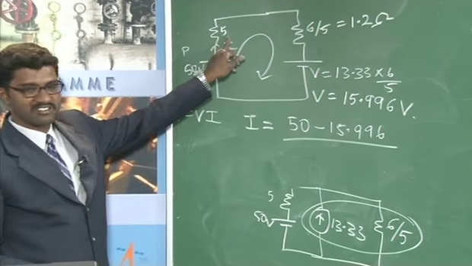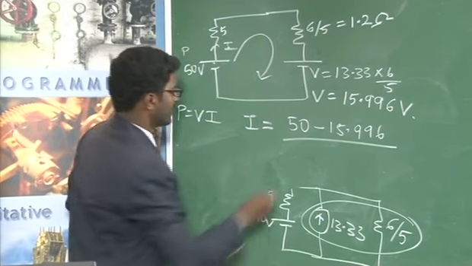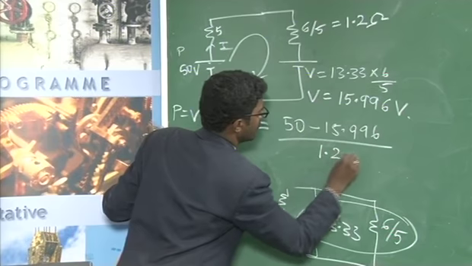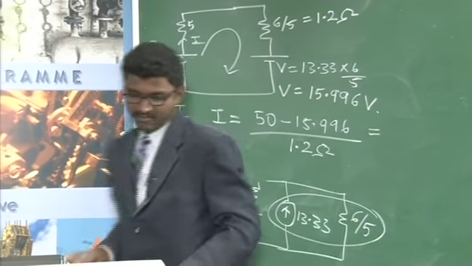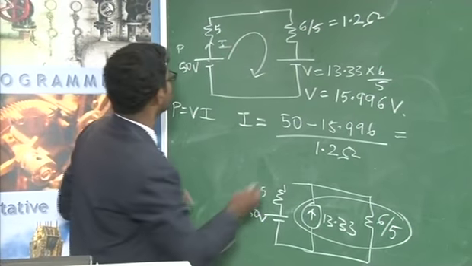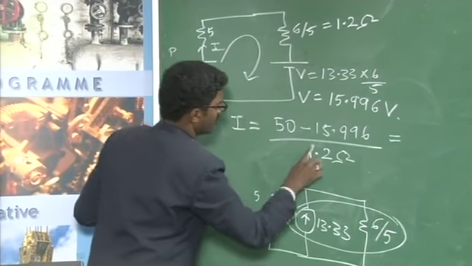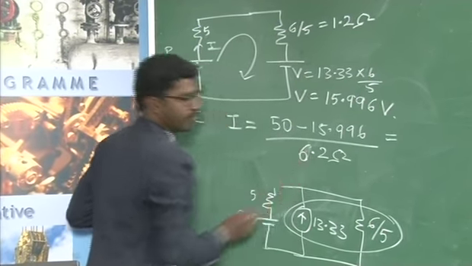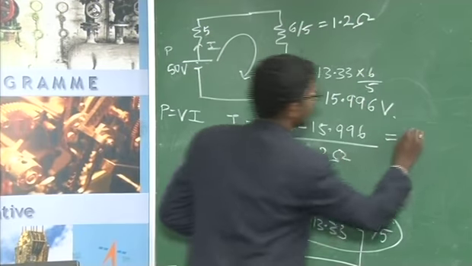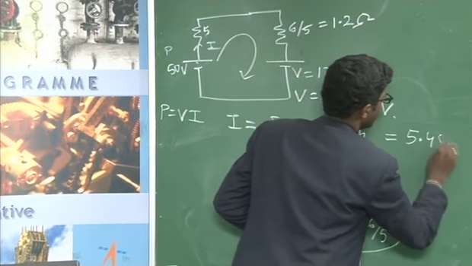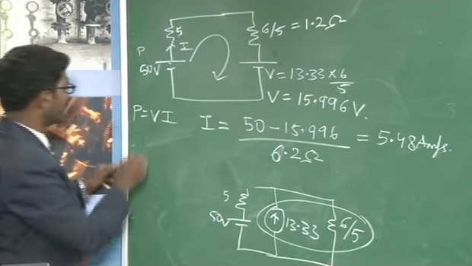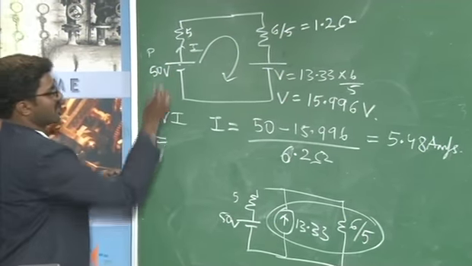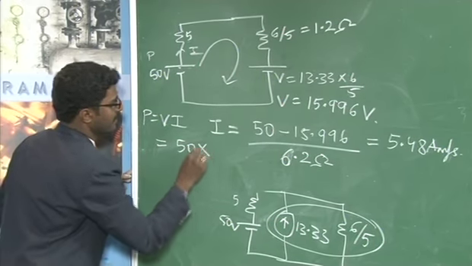There are two resistances, 5 and 1.2, connected in series. 5 plus 1.2 will be equal to 6.2 ohm. So the current is 50 minus 15.996 divided by 6.2, which is nothing but 5.48 amps.